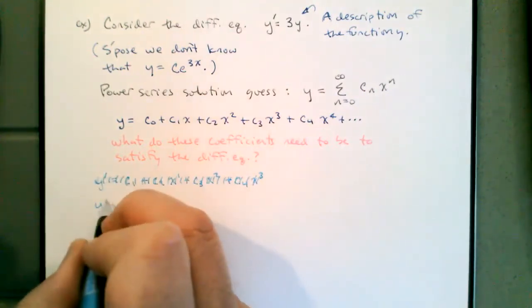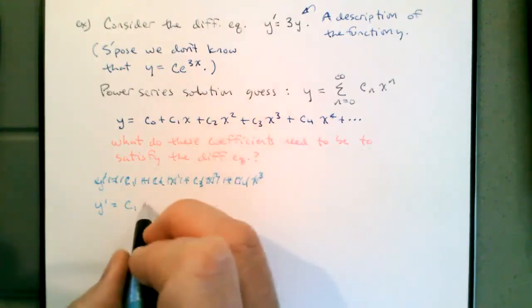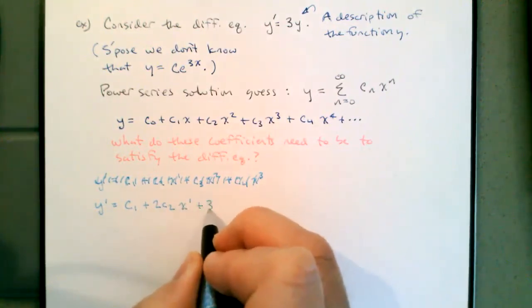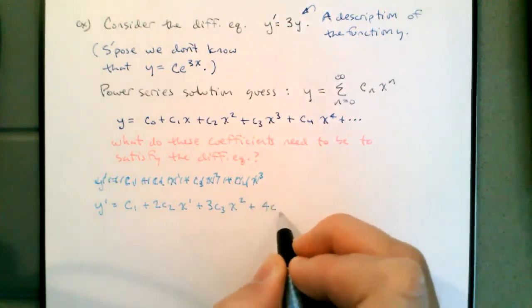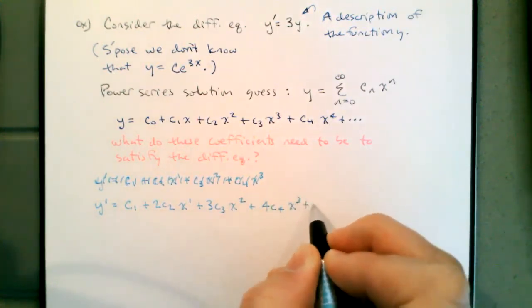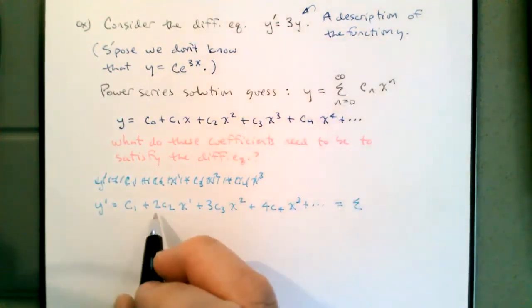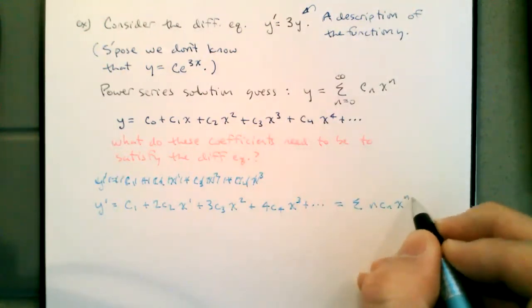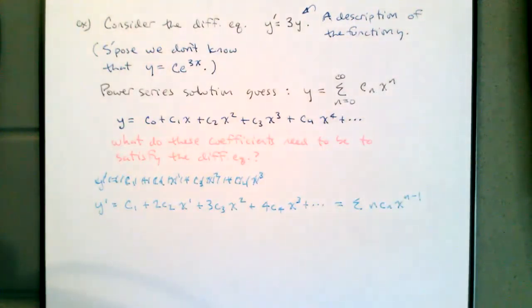Y prime is going to be c1 times x to the 0 plus 2c2 x to the first plus 3c3 x squared plus 4c4 x cubed, and so on. I could write this in a compact form by taking the sum of n times c_n x to the n minus 1. That is, just take the derivative of the terms that we started with. We can do this a term at a time.